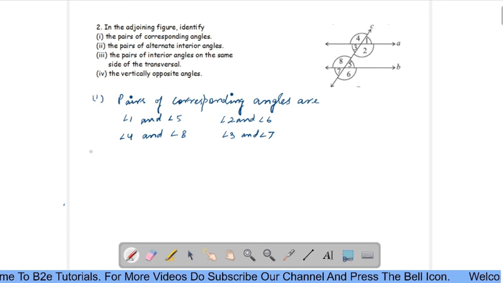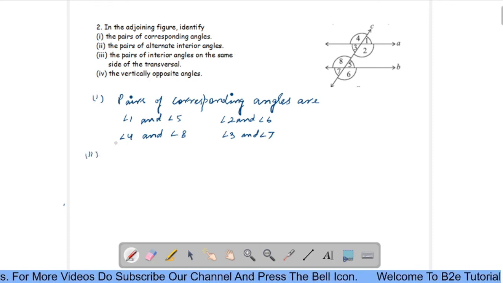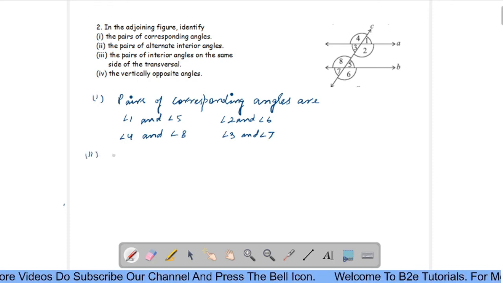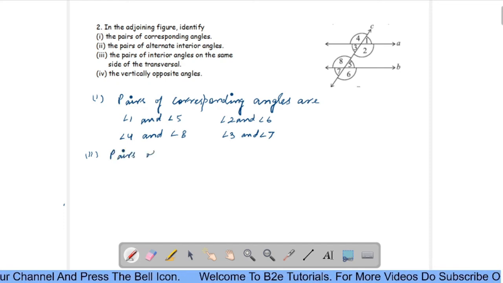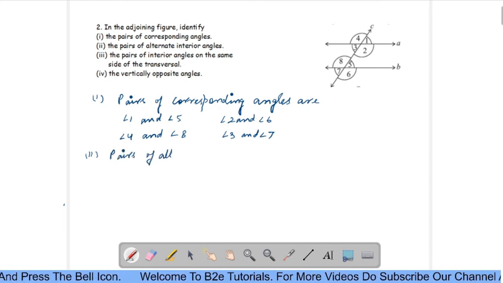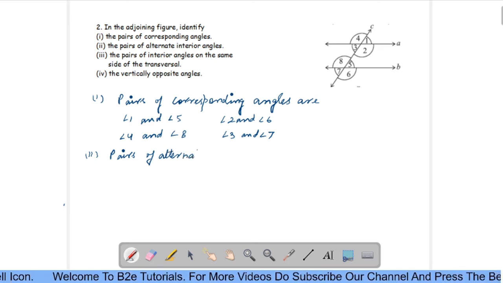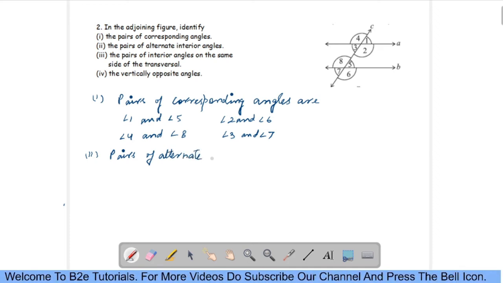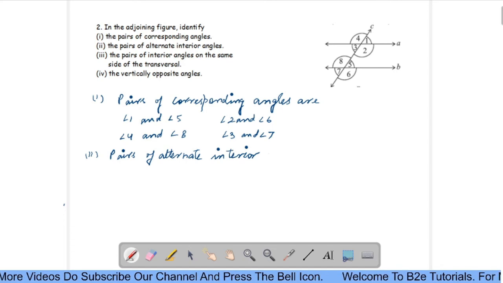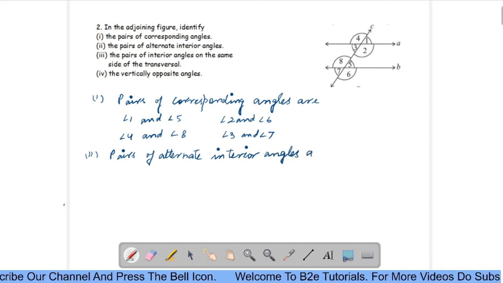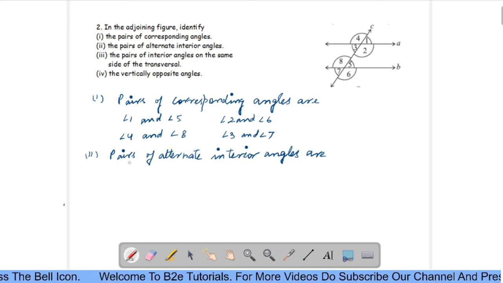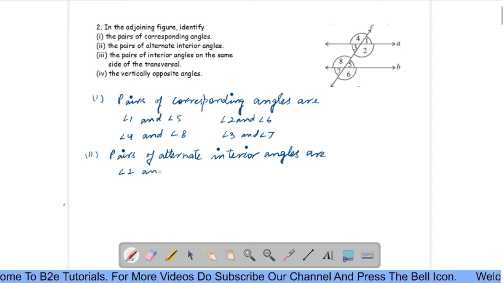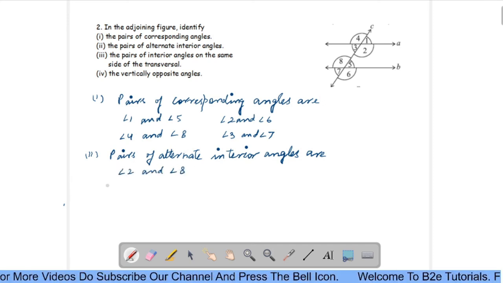Now second, pairs of alternate interior angles. Pairs of alternate interior angles are angle 2 and angle 8, angle 3 and angle 5.